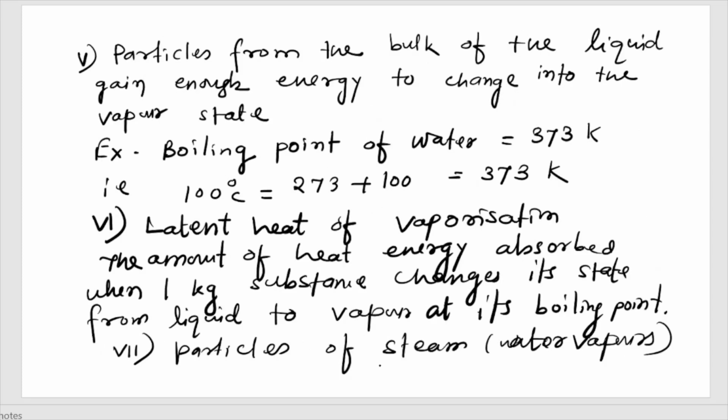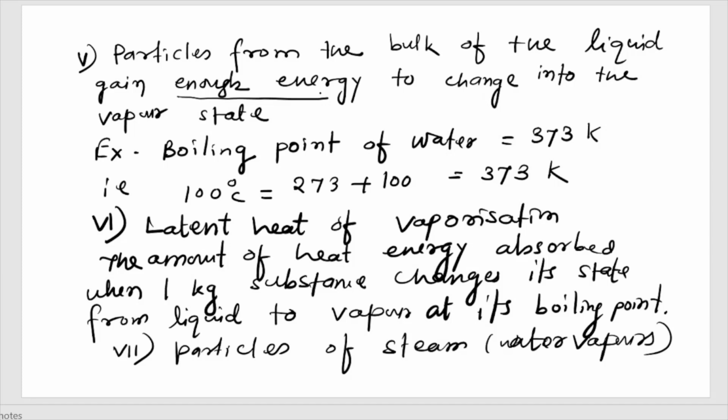The particles from the bulk of the liquid gain energy. When you give heat energy and it is supplied to the liquid, the particles gain enough energy to change into vapor state.